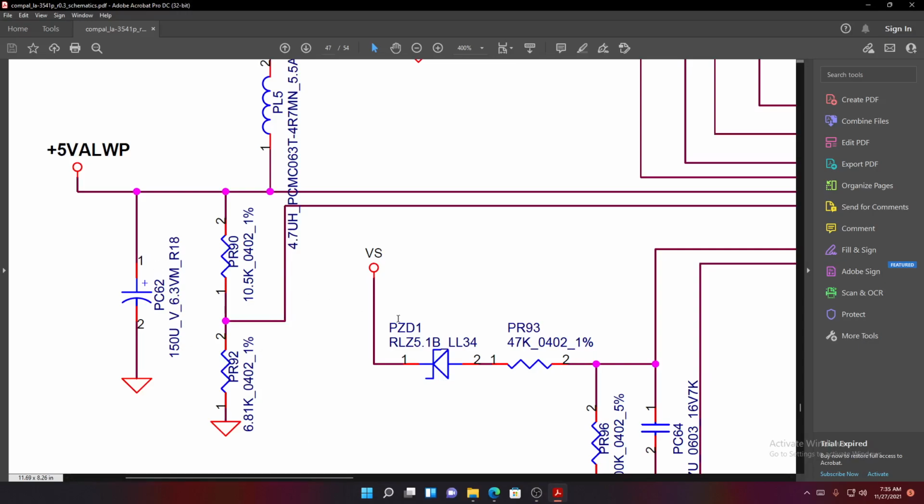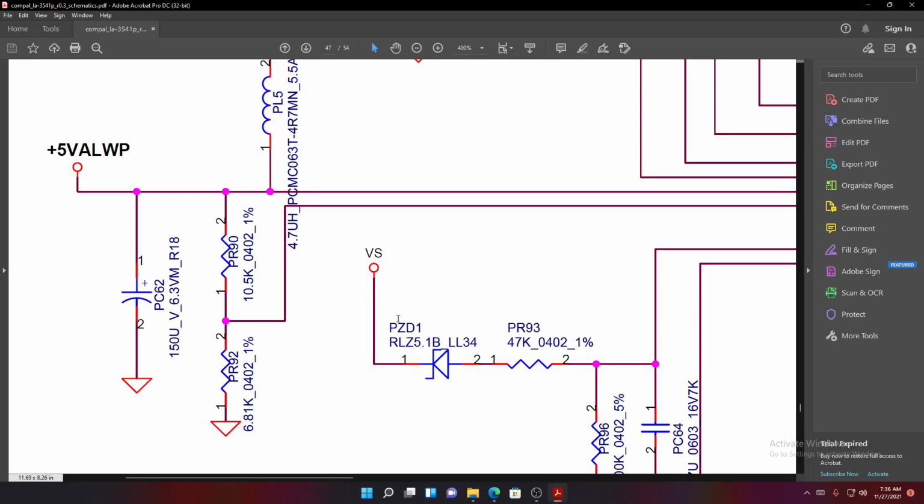And what do we know about R1? R1 is gonna be the resistor on the source. It's 10.5. Okay, I'm writing this down. And R2, the resistor on the ground, is gonna be 6.81.